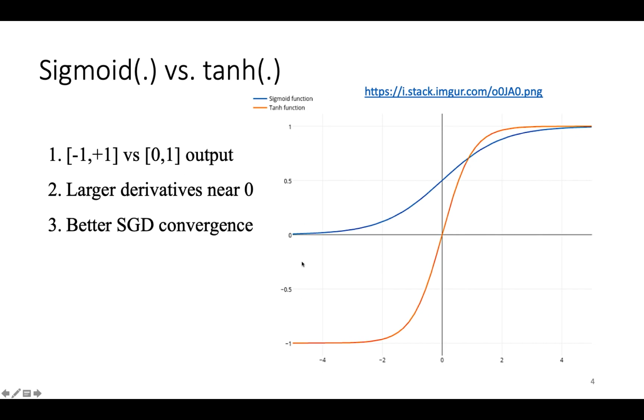First of all, it encompasses all the output values from -1 to 1. So the gradients are higher around zero. In general, experimental results show that it has a better convergence rate when you couple it with stochastic gradient descent. Because of this, normally we prefer hyperbolic tangent over the sigmoid function in neural nets.